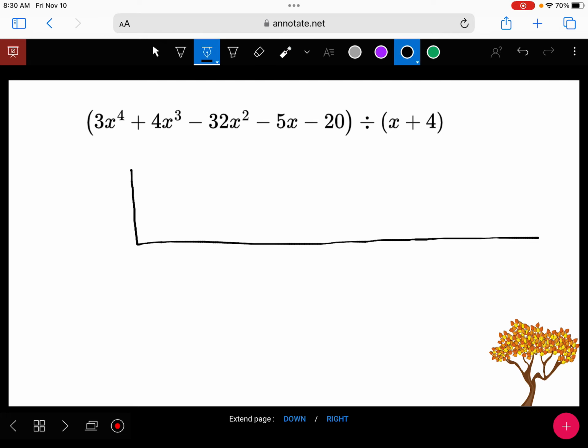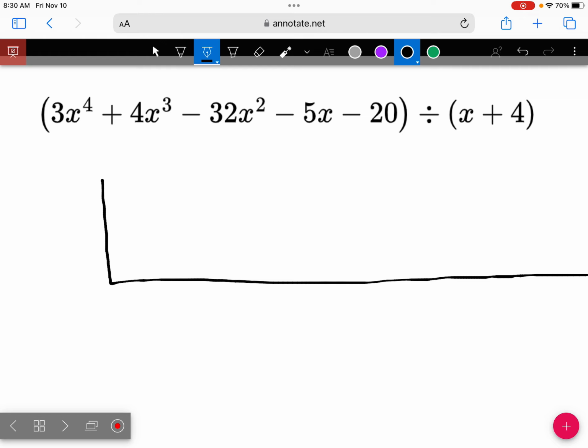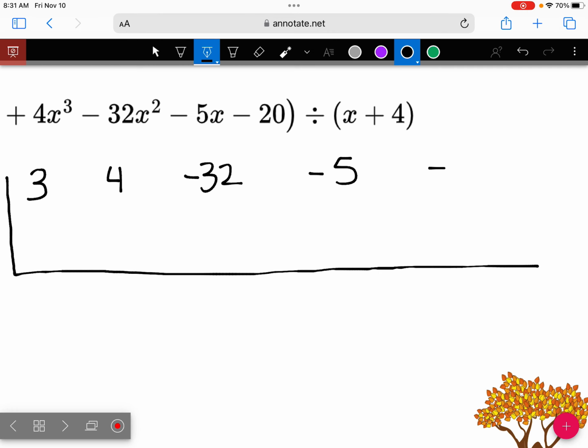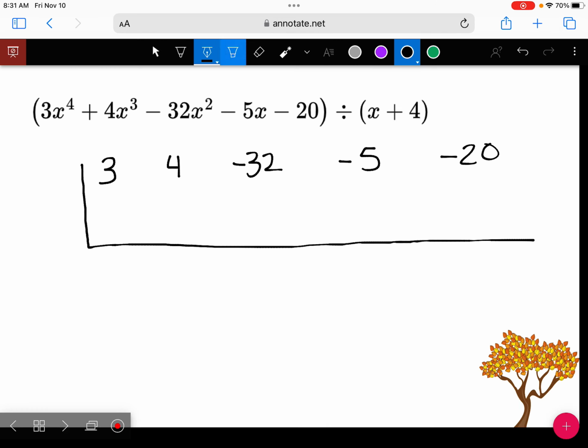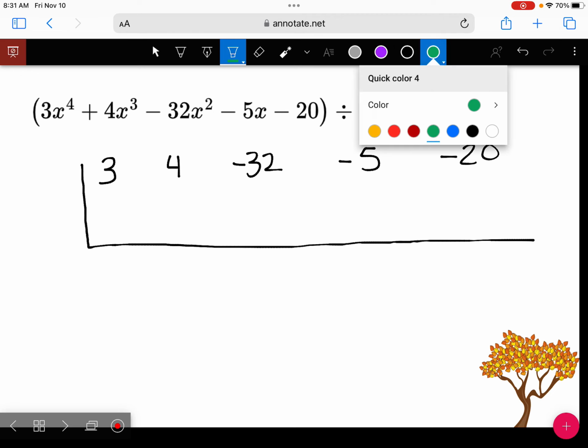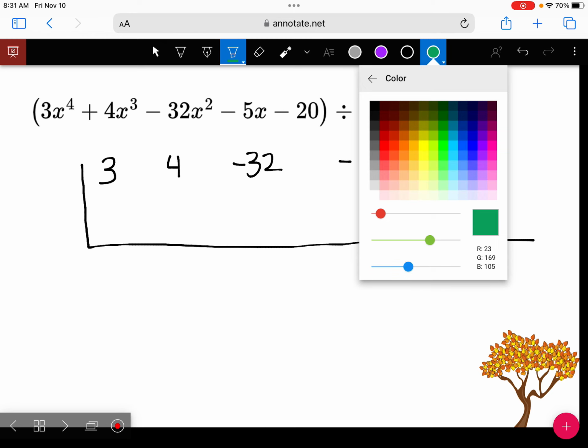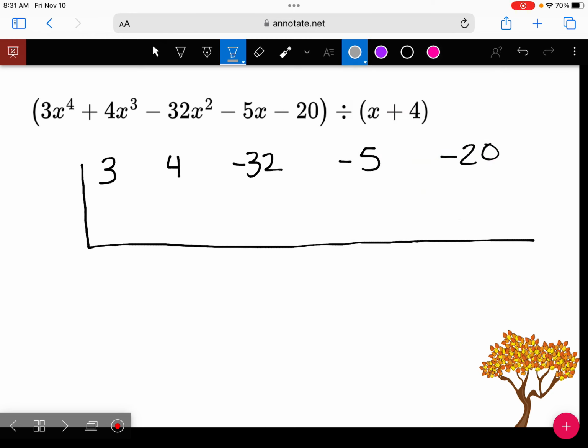Because then I'm just going to take my coefficients and write them down. I have a 3, then a 4, then negative 32, then negative 5, and then negative 20. Outside the box is where we're going to have our solution for this piece.